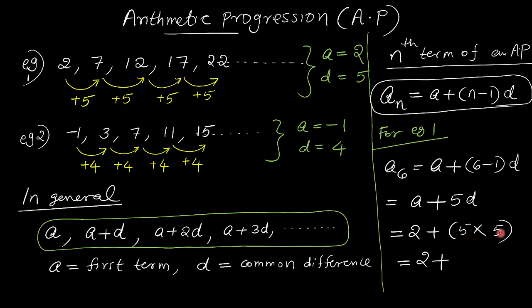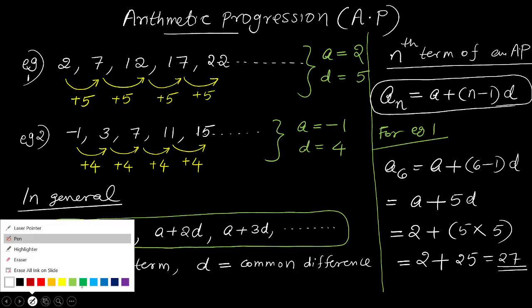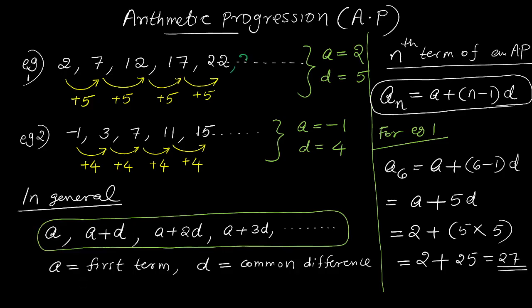Five into 5 is 25. So I got the 6th term as 27. Is my answer correct? Let me check it.